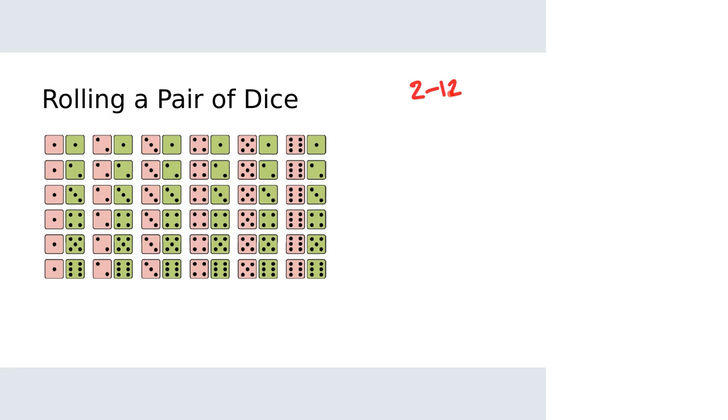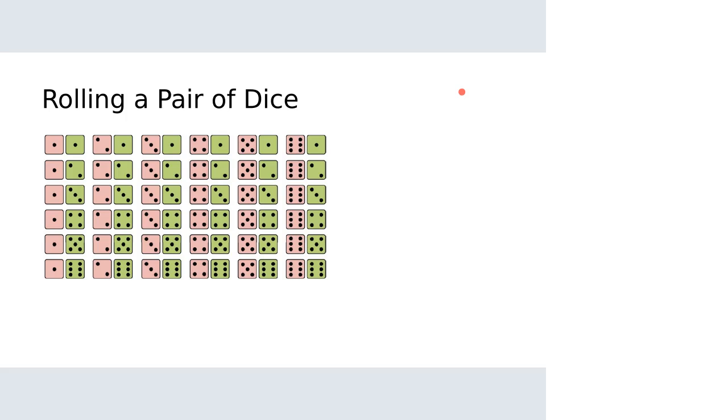And you're not wrong if we find the sum of the faces of the dice. But instead of finding the sum, we just want to know what are all the possible outcomes when I roll a pair of dice. And let's take a look at that for a minute.